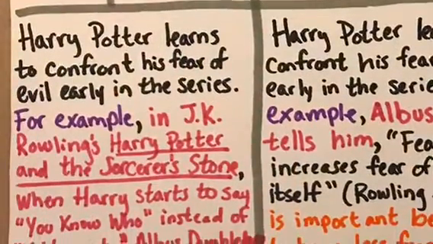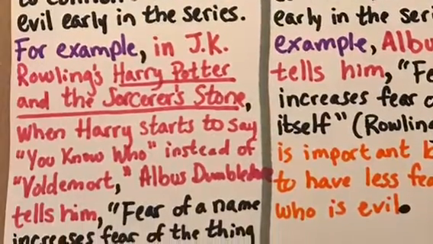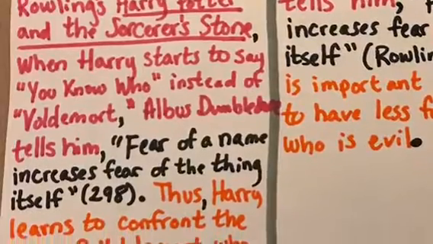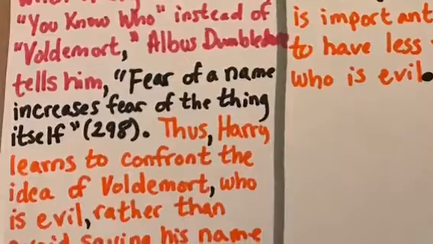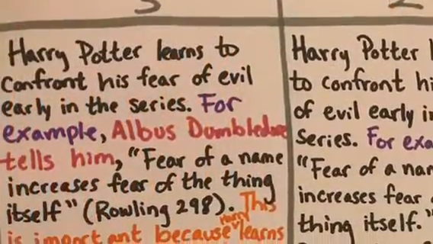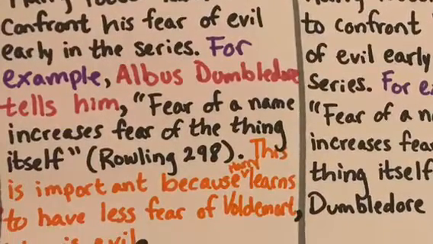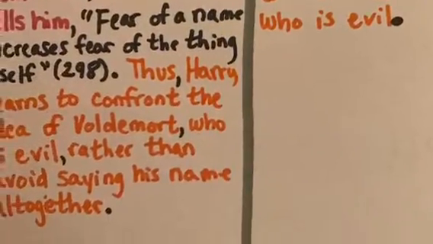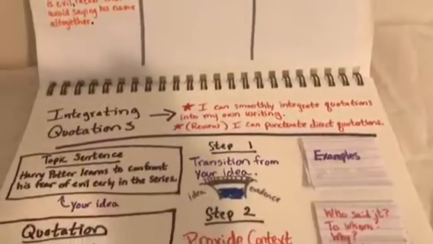Another thing is I've said how this quote, more specifically, is an example of Harry Potter confronting evil. So Harry learns to confront the idea of Voldemort, who is evil, rather than avoiding saying his name altogether. Whereas in the 3 example, I just say, well, here Harry learns to have less fear of Voldemort. So I've made more specific connections than that. So that's how you integrate quotations, and hopefully this helps.